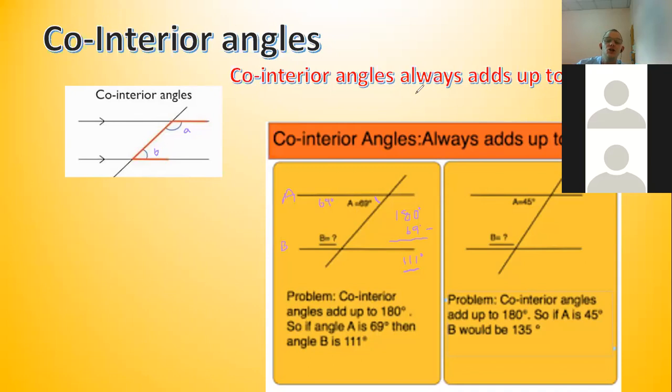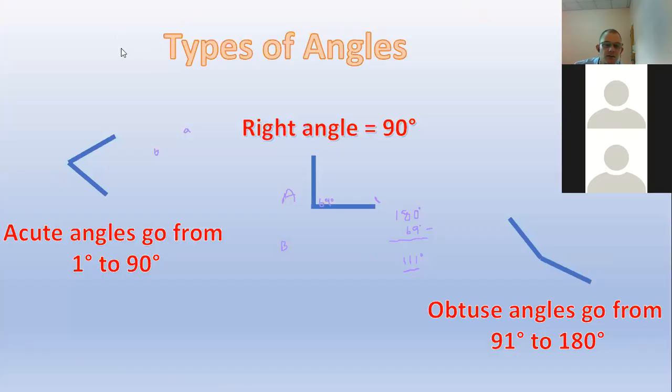I'm here to teach you some new things. If you guys don't want to listen and cooperate, I don't know what we are doing here. We have this angle, 69 degrees. Which one of these three is the answer?